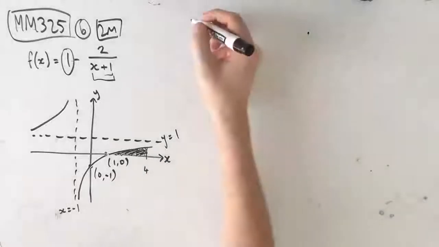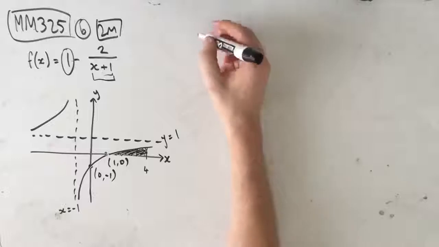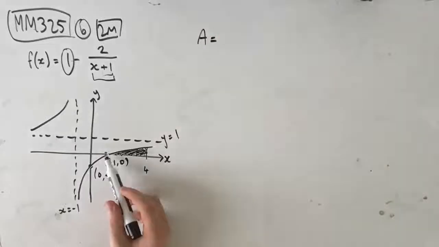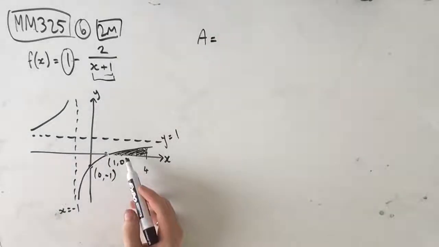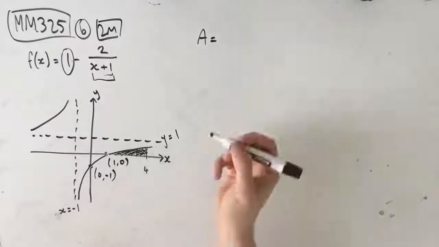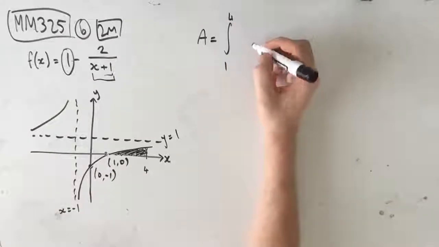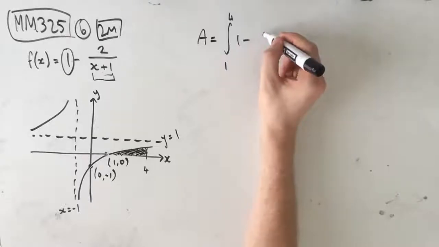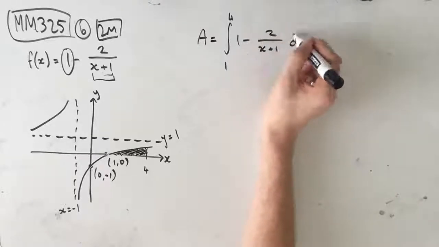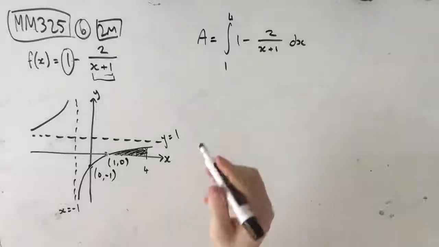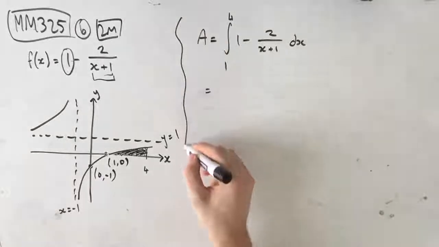So how are we going to do that? Integration, obviously. We're in the integration chapter, so let's do that. So we know that our area is quite a simple area in terms of the fact that it's not crossing over the axis or anything like that. So our area is simply from 1 to 4 of 1 minus 2 over x plus 1 dx. So now we can just evaluate this as we go.